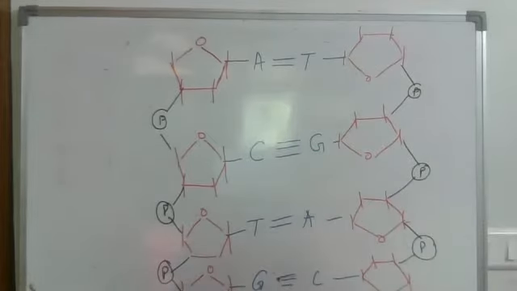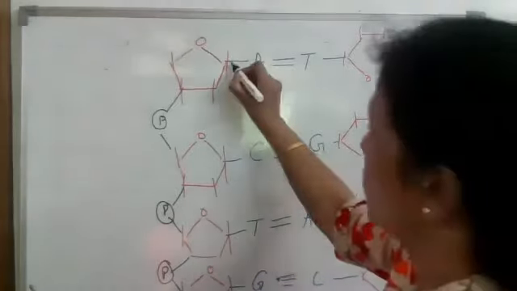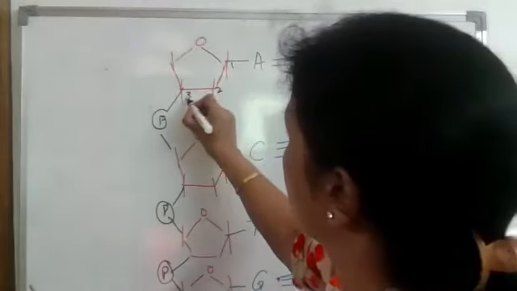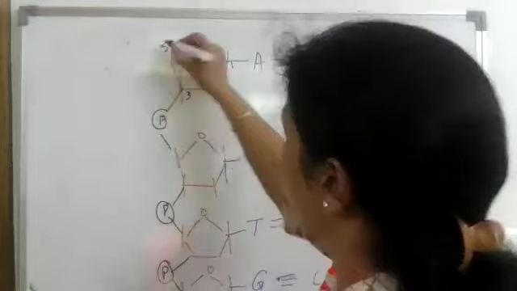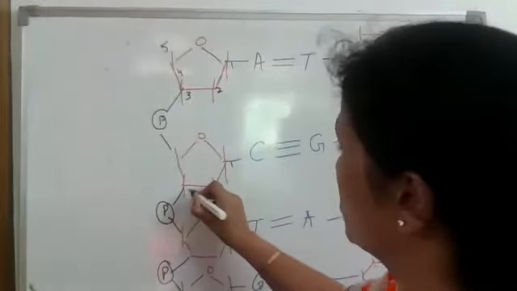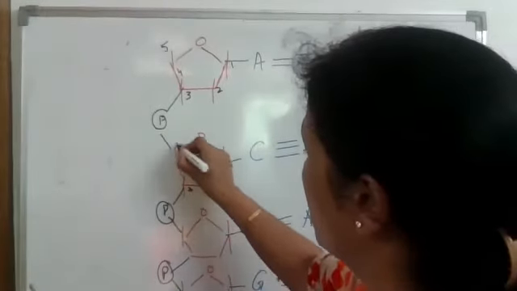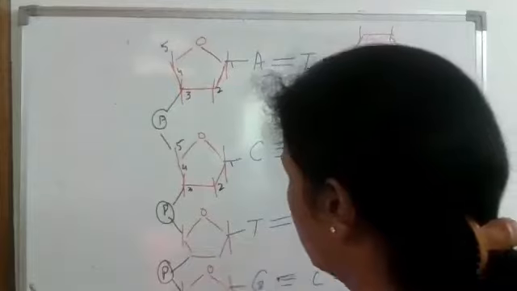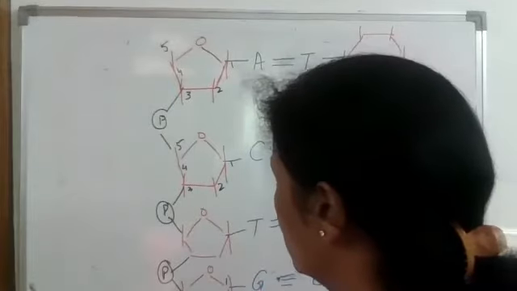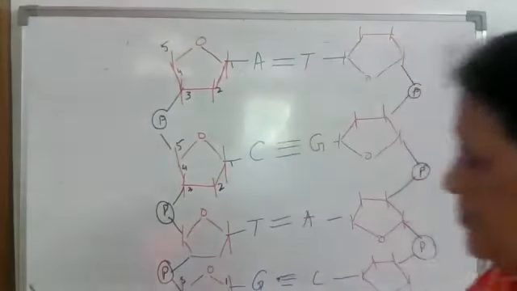Now look at this structure. Again concentrate on the numbering of carbon atoms. 1, 2, 3, 4, 5. 1, 2, 3, 4, 5. Similarly, 1, 2, 3, 4, 5.